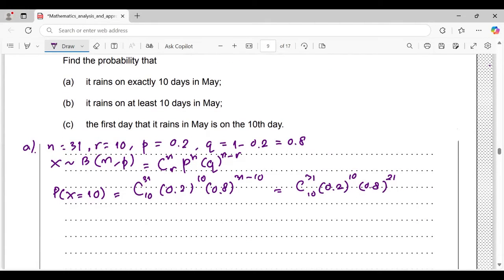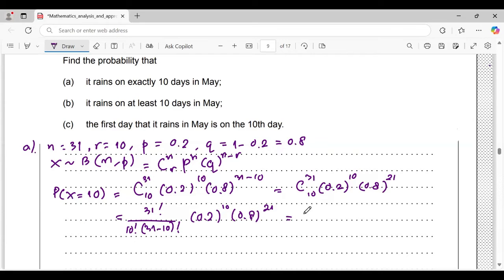I need more space. So if you calculate it, firstly you find the combination, using factorials: 31 factorial over 10 factorial, 31 minus 10 factorial, times 0.2 power 10, times 0.8 power 21.